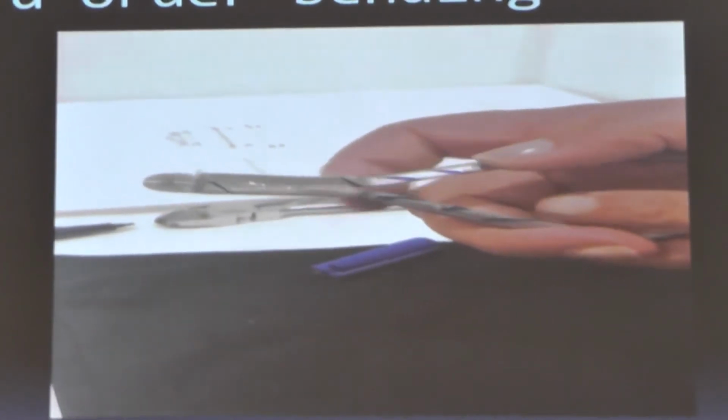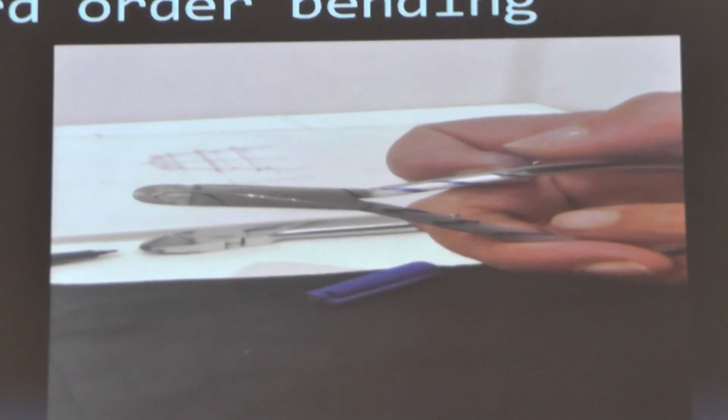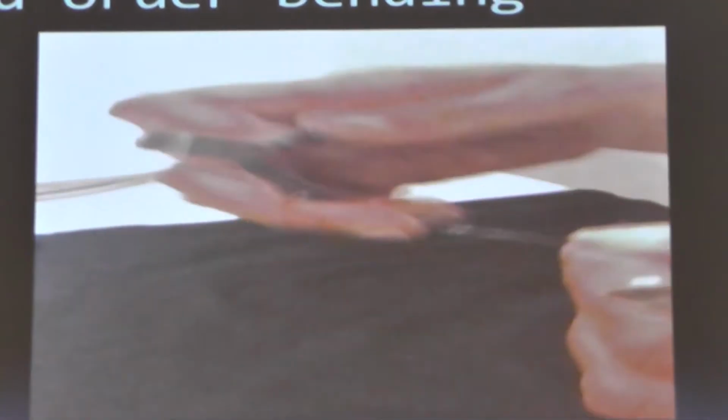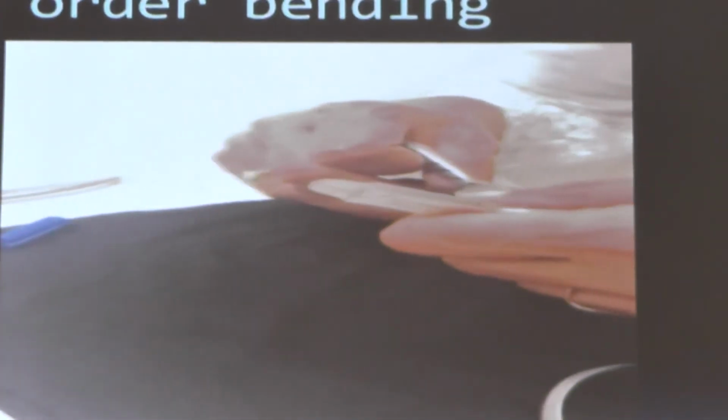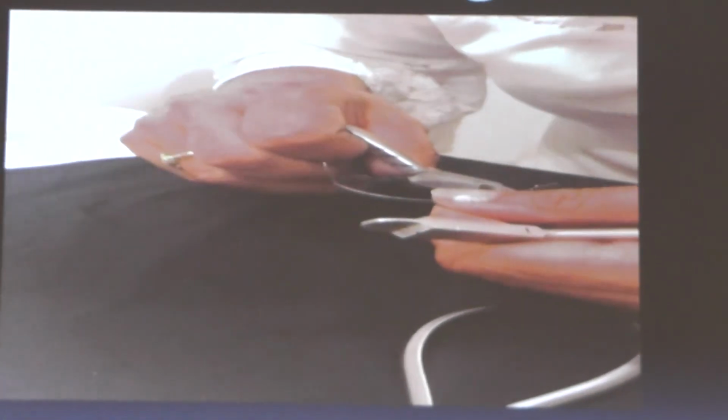That's it. You see, the distal ends are 9 millimeters below the line. And we go to the opposite side.